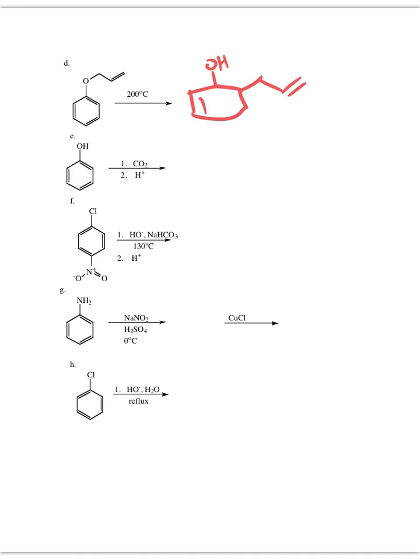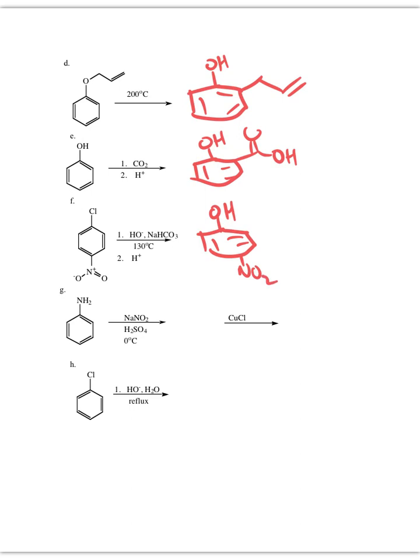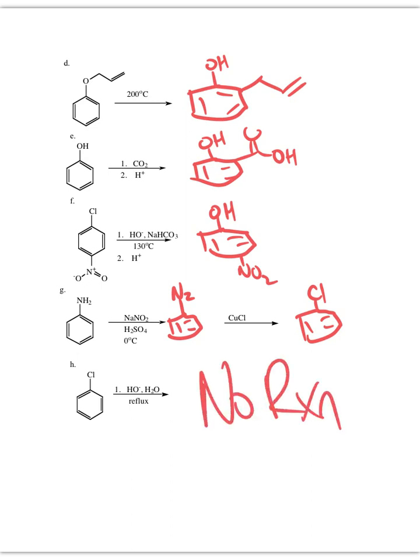We'll draw the mechanism for this one in class when I have more space. It's just an electrophilic aromatic substitution, you're adding a CO2, which is just like adding SO3 on there. Nucleophilic aromatic substitution, where we have the strong withdrawing group. Make the diazonium salt, replace it with what's on the copper. And then this is no reaction.